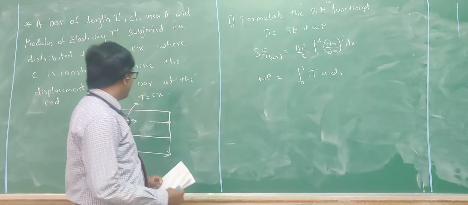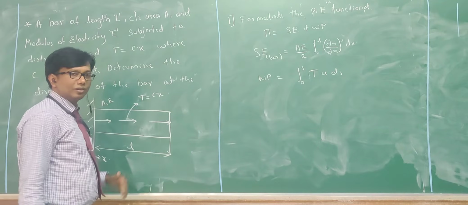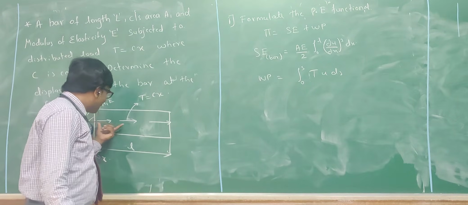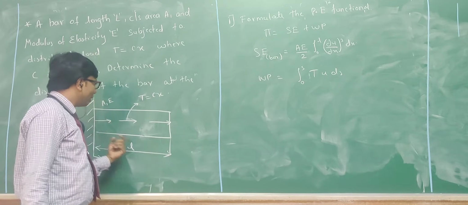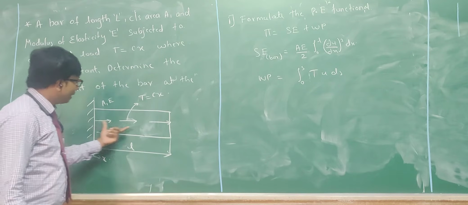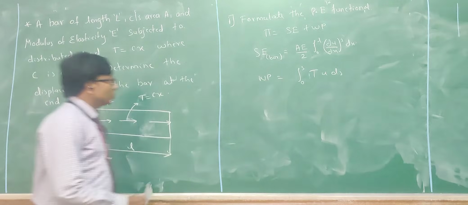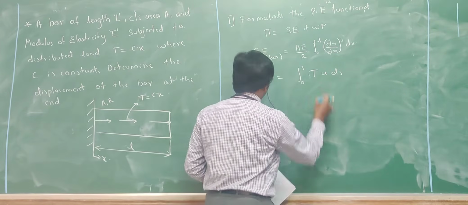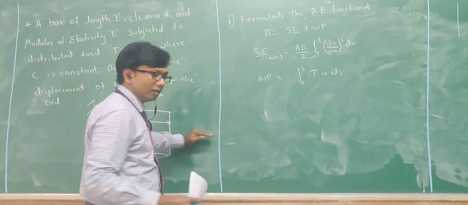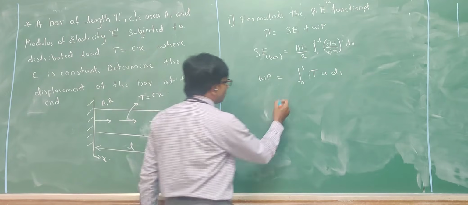Now, as we are doing a 1D analysis, and the load is acting over the length, not over the area, we will convert this for a lengthwise load. So what is the conversion?